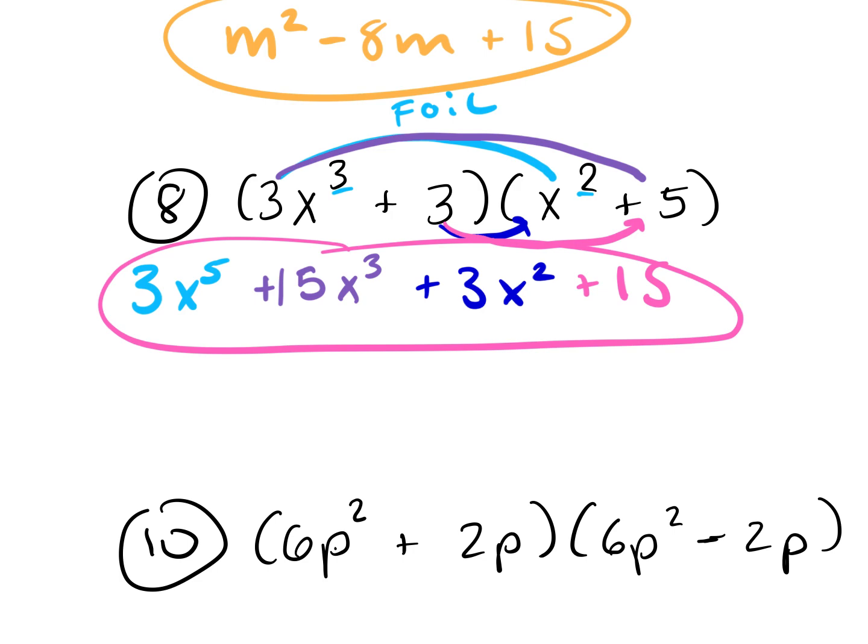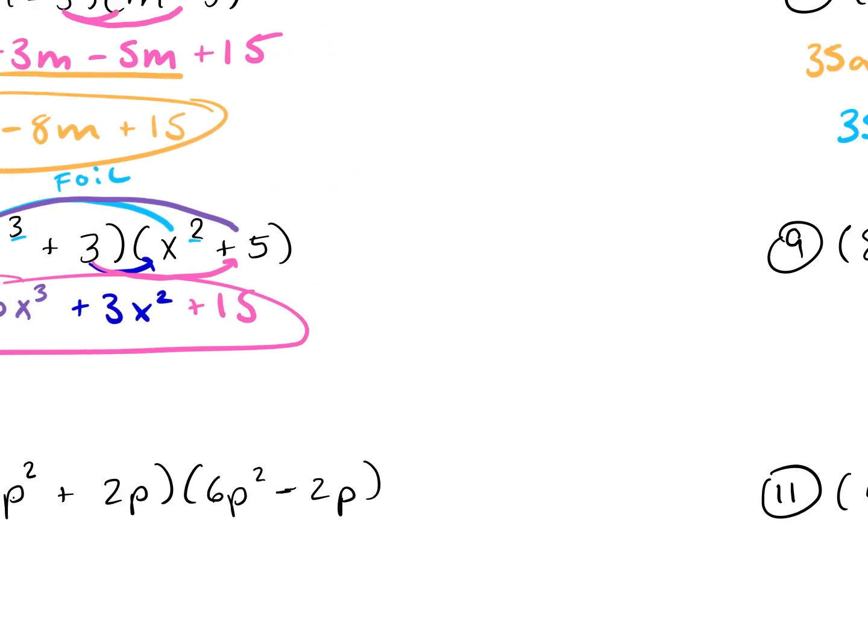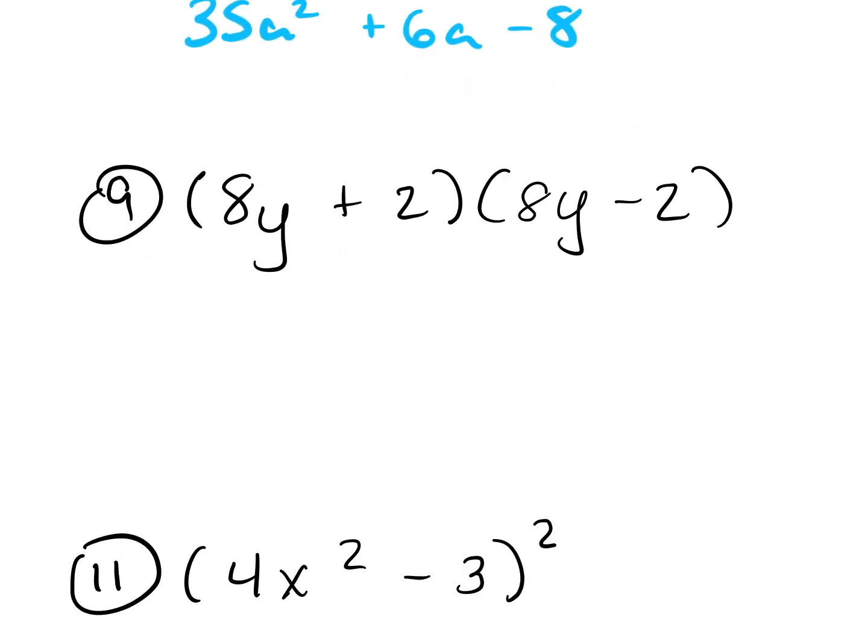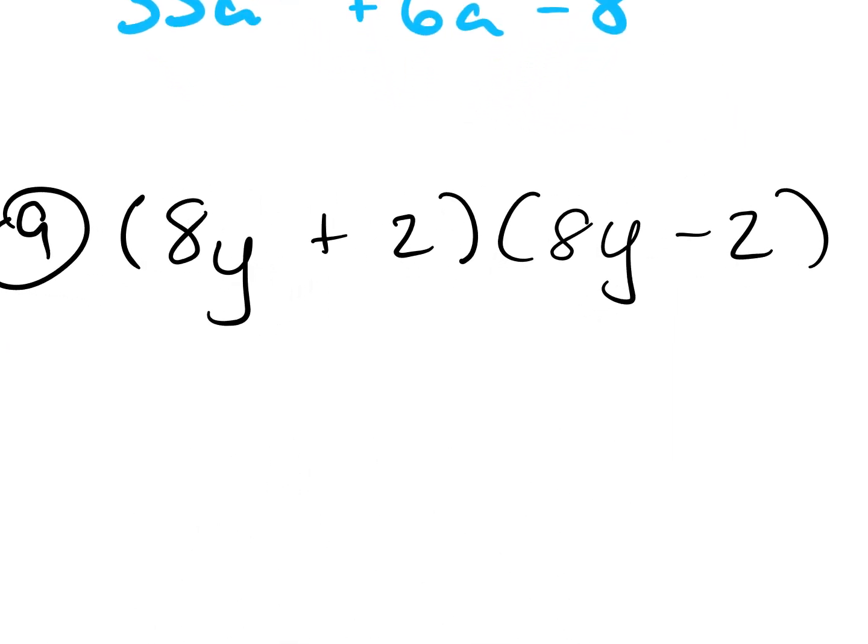All right, 9. What's special about 9? Yeah, what's special about it? When we have the same numbers, but one's a plus and one's a minus, they don't cancel. We can use our shortcut.